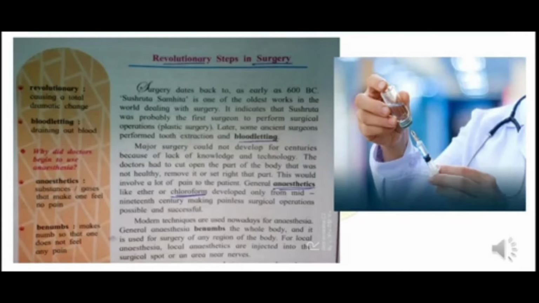And then later on we see many other ancient surgeons who performed tooth extraction. Tooth extraction means if there is a problem in your tooth, they extract it, they remove it. And bloodletting. Bloodletting means draining out blood.